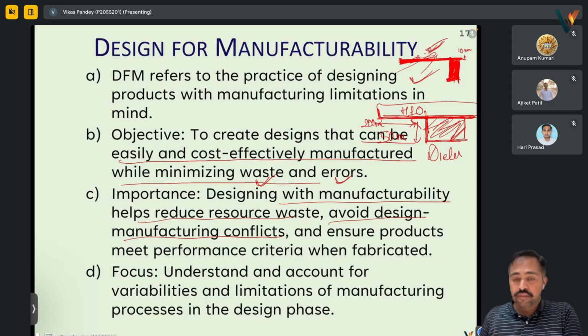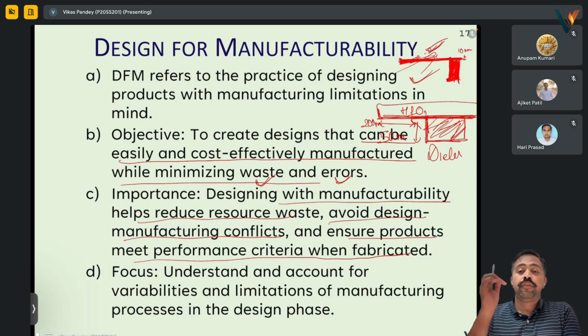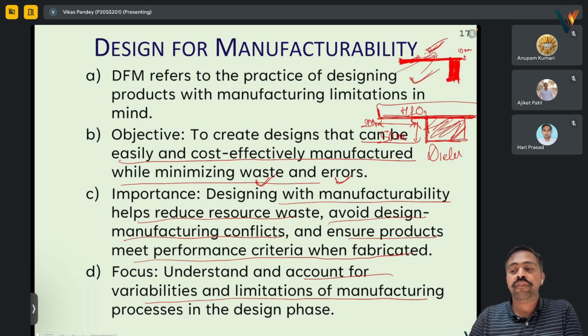So we want our products to meet performance criteria when fabricated. So we have to understand and account for variability and limitations of the manufacturing process in the design phase itself.